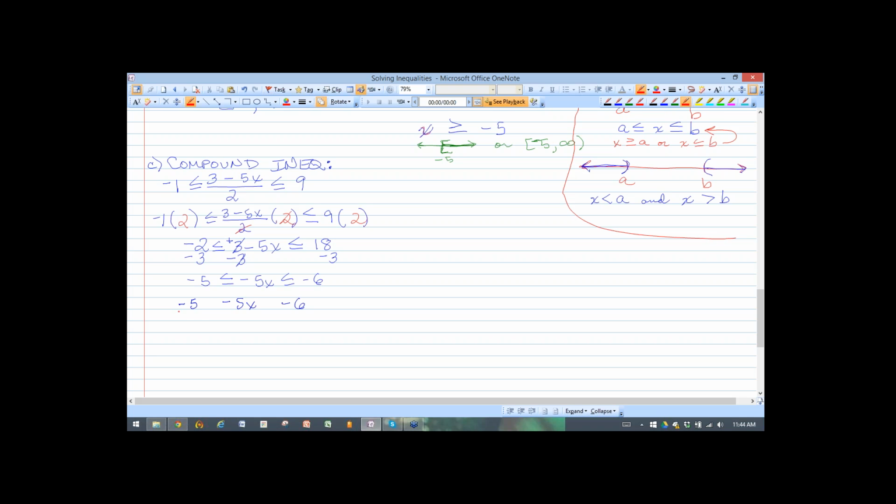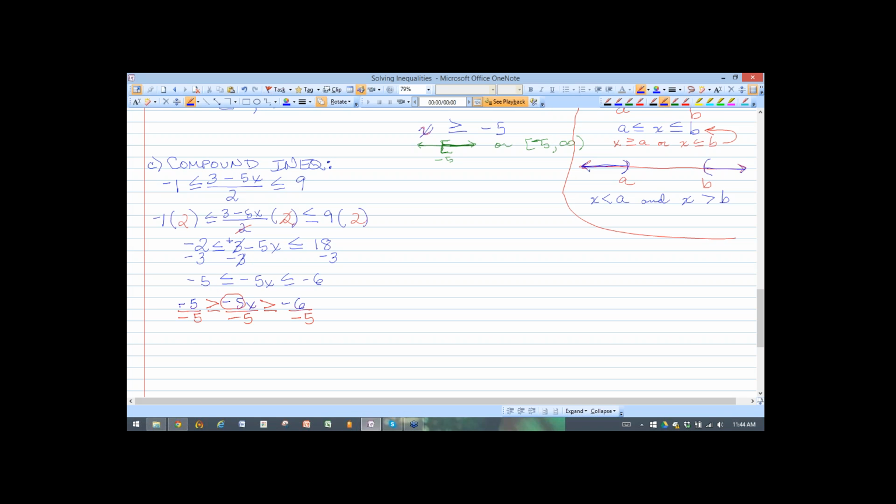All right, so if I'm dividing everything by this negative 5, notice the whole thing got multiplied. All sides got multiplied or divided by a negative value, so my signs swap directions. Now, let's write our simplified version.